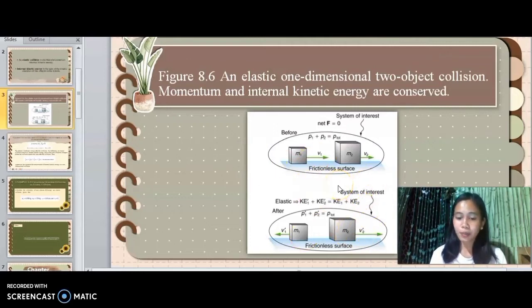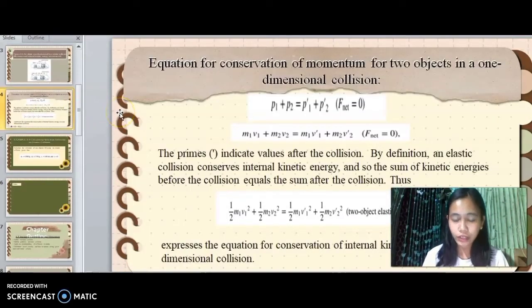So here, the first object bounces backward, and the second object pushes forward. Our equation for conservation of momentum for two objects in a one-dimensional collision is P1 plus P2 equals P prime 1 plus P prime 2, where there is zero net force, since there is no external friction or force that has been exerted.